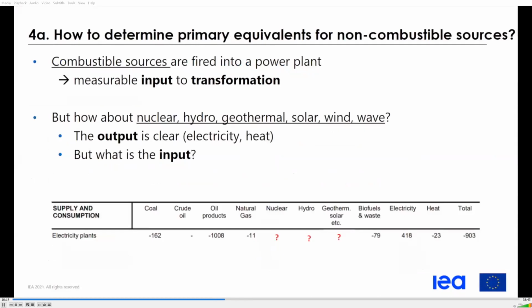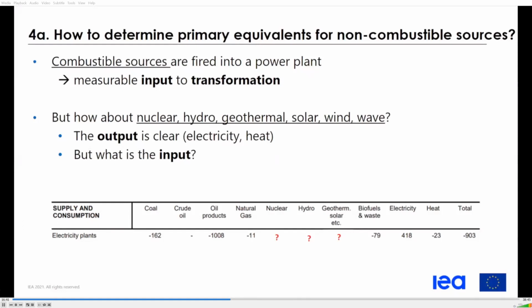So now we know how to convert combustible fuels in energy units, but what about nuclear, hydro, and other renewables? Why is it so important to compute this input, the primary energy equivalent? Because it is important to quantify the primary energy supply in order to calculate the total energy supply.